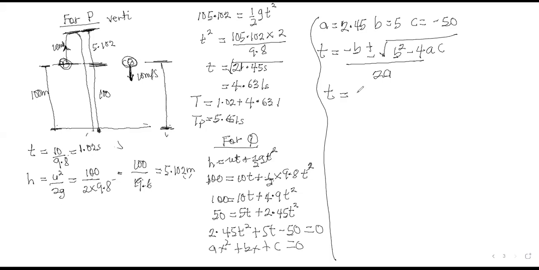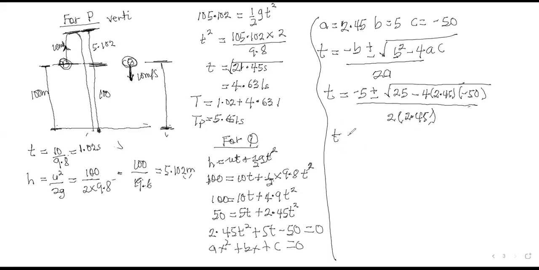Sir, you have minus 5 plus or minus the square root of minus 5 squared, which will be positive, so 25, minus 4 times A, where A is 2.45, and C is negative 50, all divided by 2 times 2.45.